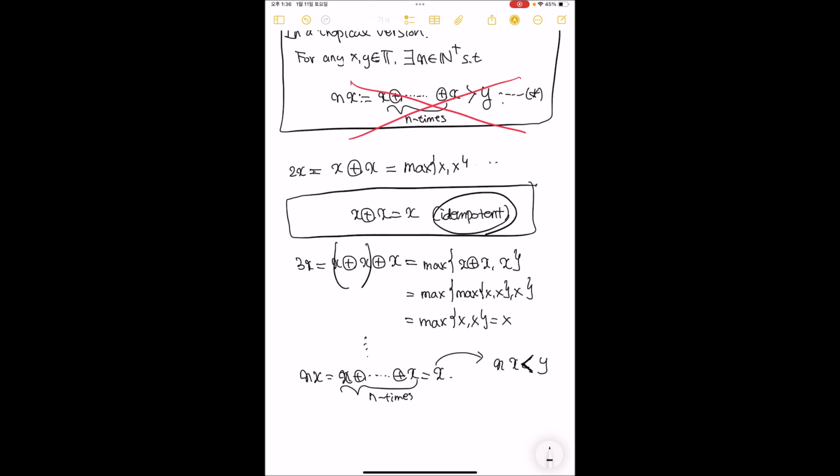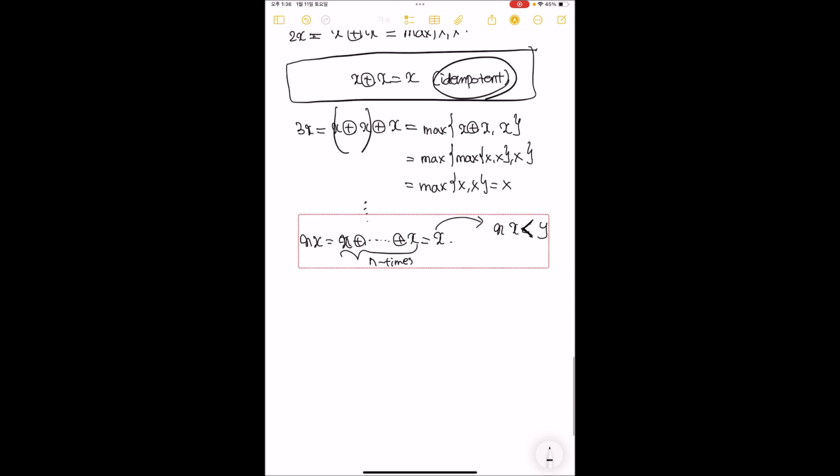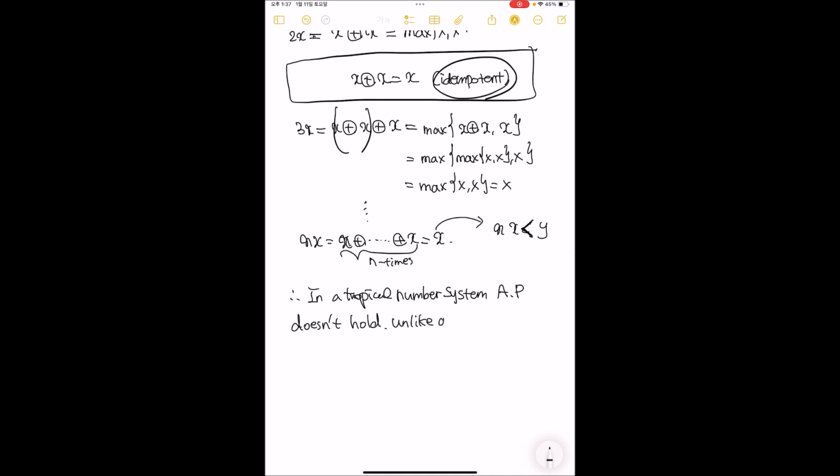Okay. So on the tropical number system, the Archimedean property does not hold, unlike the real number system.